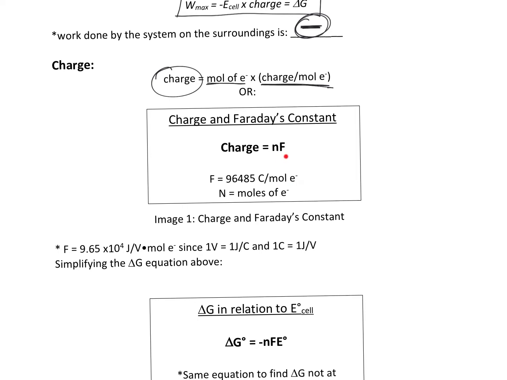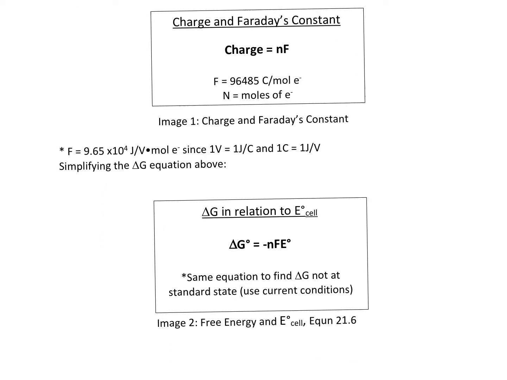This is a new constant that we have not used before, and we're going to be using it for our future calculations. We're likely not going to use this equation to calculate charge by itself. We're going to input it into some new equations so we can use it to calculate things like free energy, etc. Okay, so let's move this up.